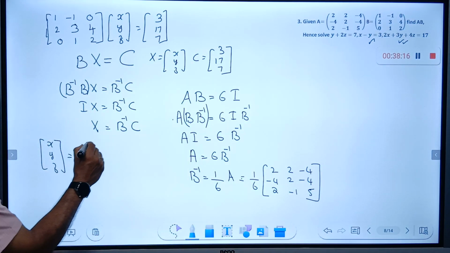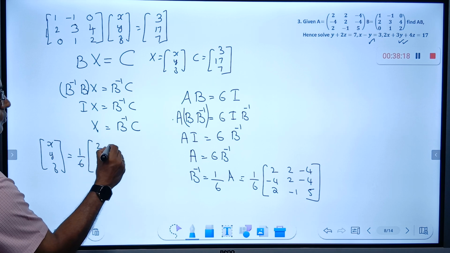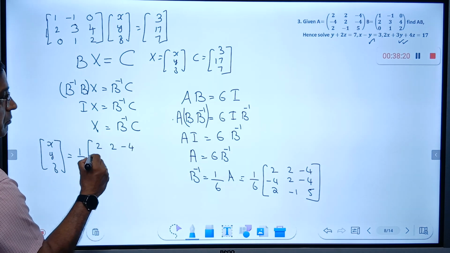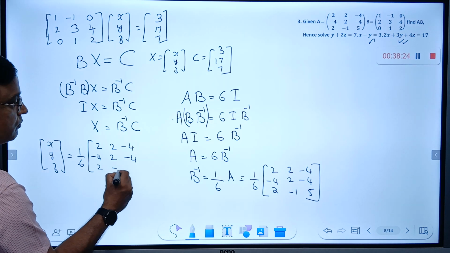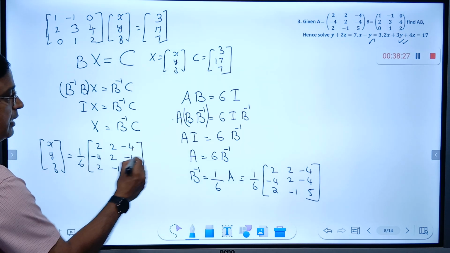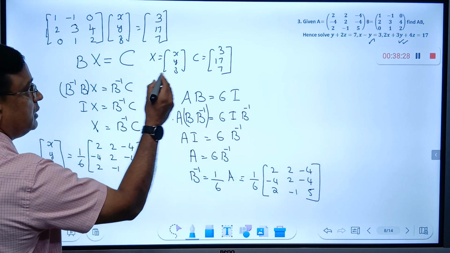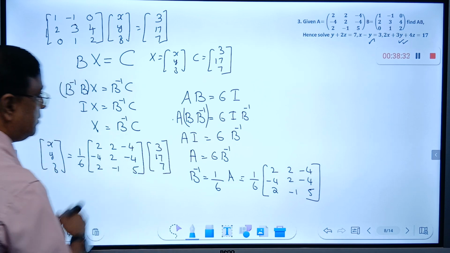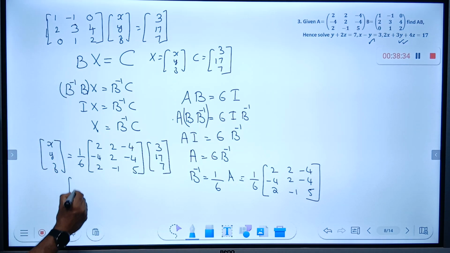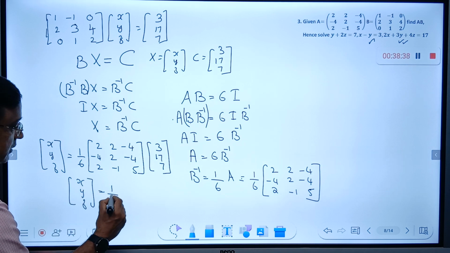So this will be what? 2, 2, minus 4. Minus 4, 2, minus 4. 2, minus 1, 5. Into, what is C? C is 3, 17 and 7. Now as usual, you know matrix multiplication. X, Y, Z equal to, keep the 1 by 6 outside.